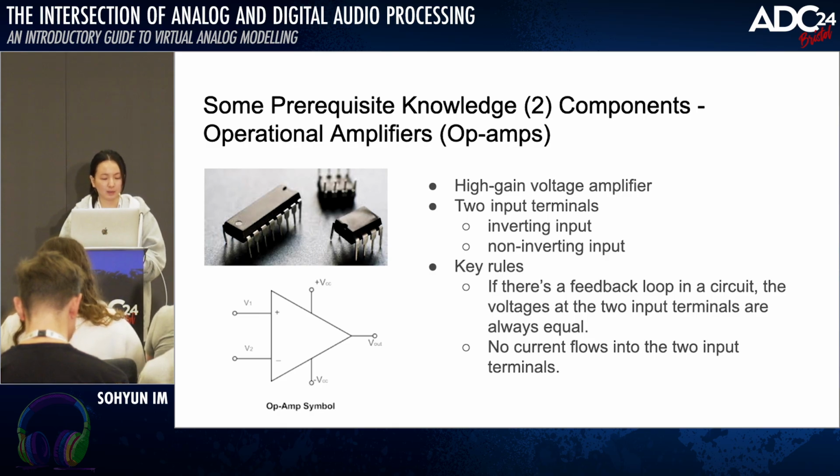First, if there's a feedback loop in a circuit, the feedback loop being the loop connecting the inverting input terminal and the output, then the voltages at the two terminals, the inverting and non-inverting input terminals, are always equal. And the second rule is that no current flows into the two input terminals.